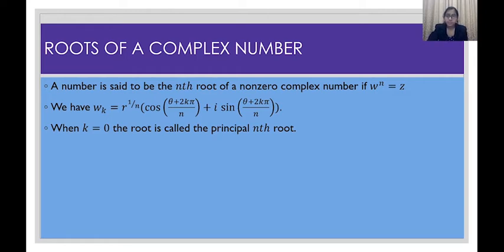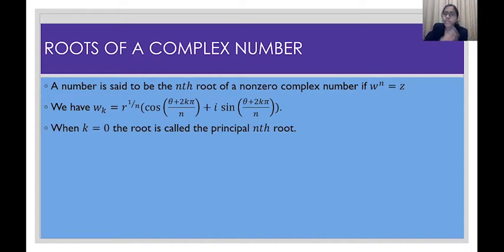Here, if we are asked to find the cube root or the fourth root, we know what the value of n is. So in this expression, we will know r and we will know n. So the only term that w depends upon is k. So we give the notation wk.